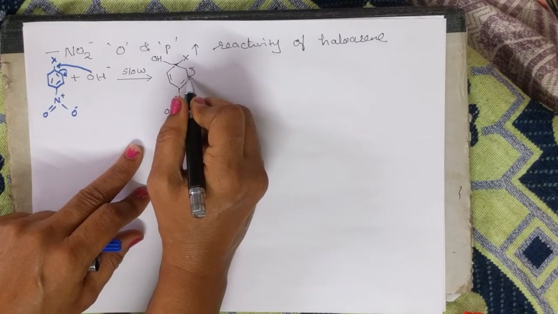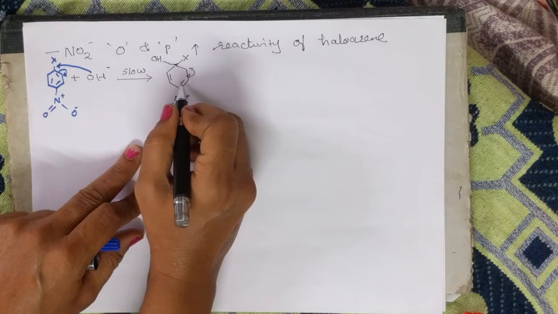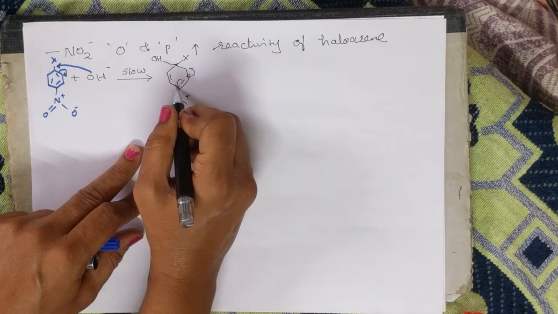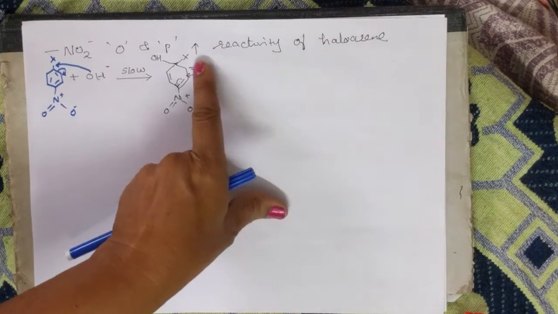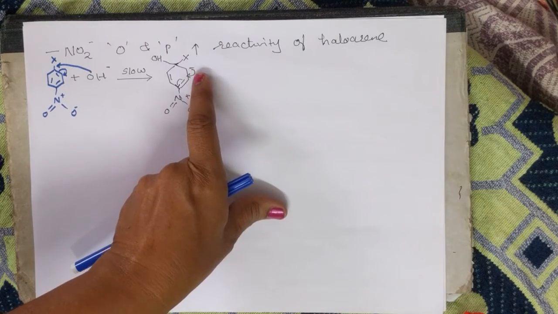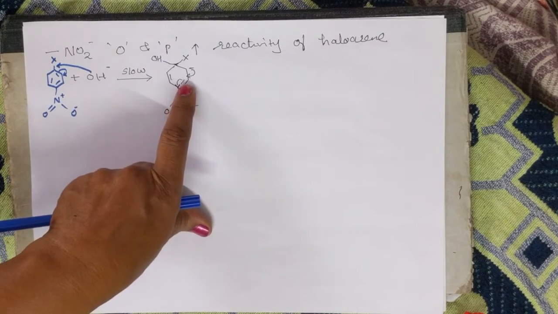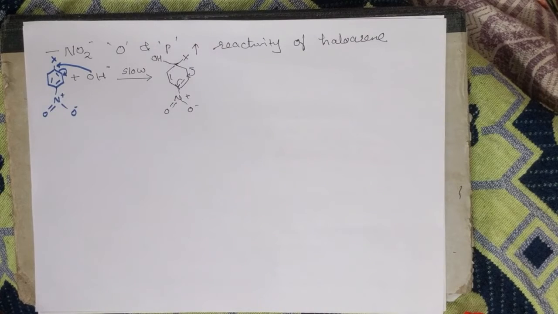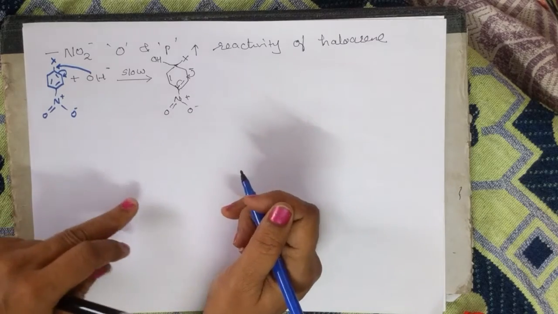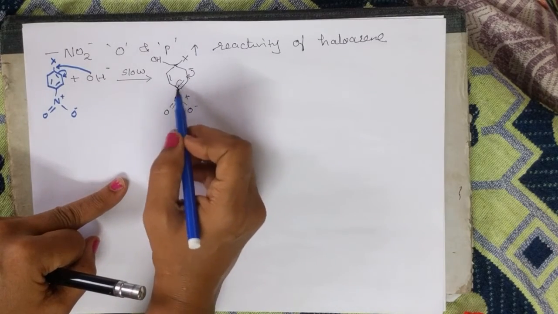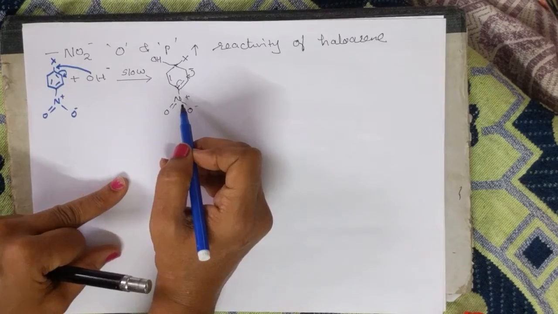This minus charge comes toward this side, so this will come to the para position. This minus charge forms a bond, so this bond breaks and the minus charge comes to the para position, where the NO2 group is already present.